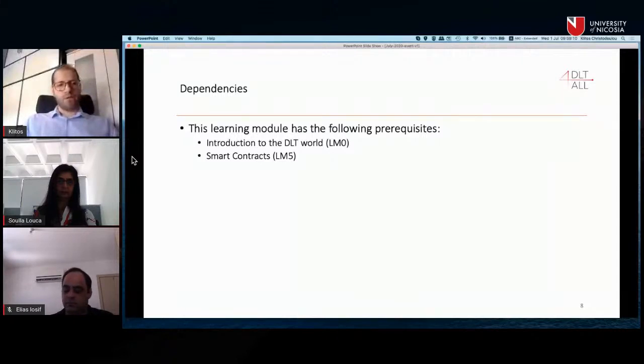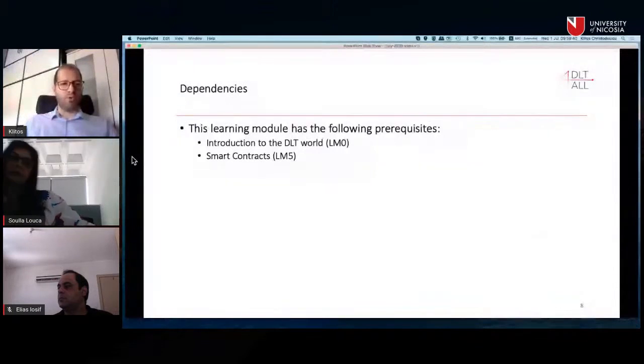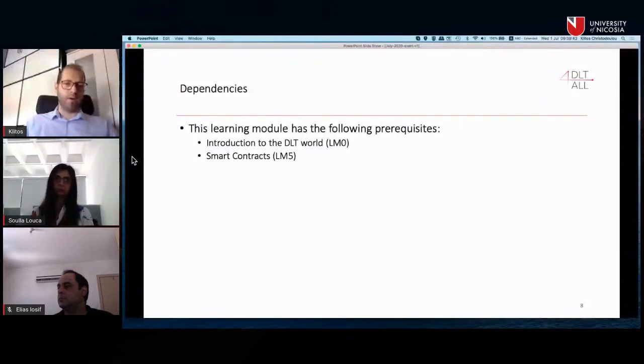Since this course will be technical, it will also have a technical dimension as well as a more abstract dimension. The first one is with one of the very first modules delivered by DLT4ALL, which is the introduction to the distributed ledger technology world. This is the learning module 0, as we call it in our curriculum.